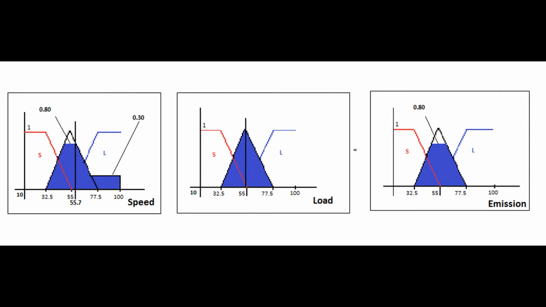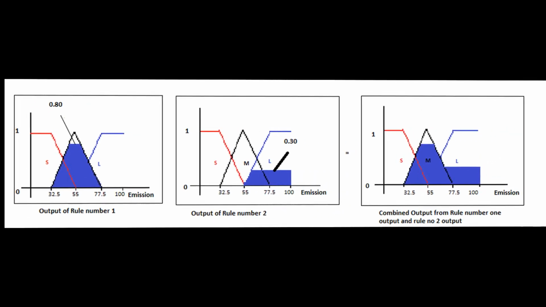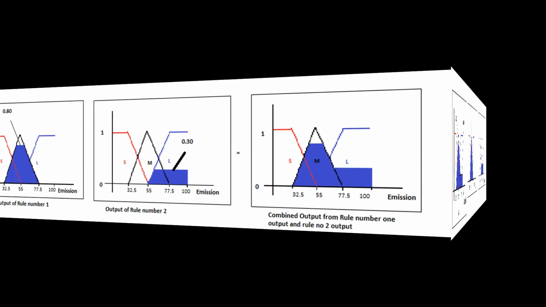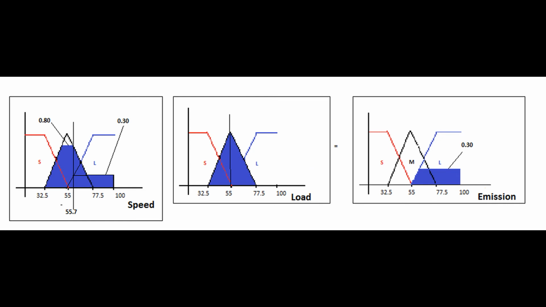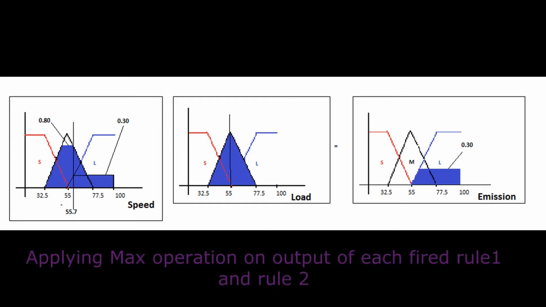Then the emission is medium, that is the membership value is 0.80. We have deployed the min operation here in order to get this emission as medium with value 0.80. So this is the meaning of the internal min operation. Similarly, we will do the same for the second rule. We deploy this min operation, and finally, in order to combine both rules into a single fuzzy graph, we deploy the max operation. That is, the max operation simply truncates the outer boundaries from each rule graph.